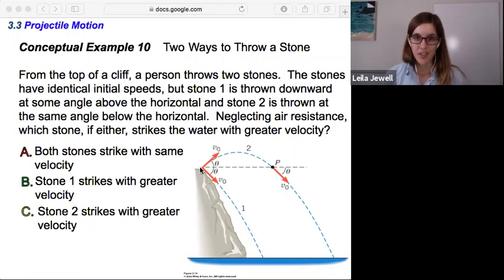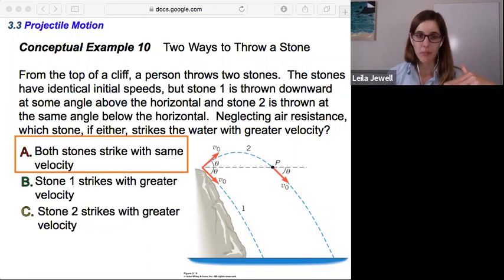This is amazing, right? This is a fact of symmetry, and it only happens if you throw them with the same velocity, the same relative angle of either up or down slightly. But as a result, it means that both stones will strike the water with the same velocity.